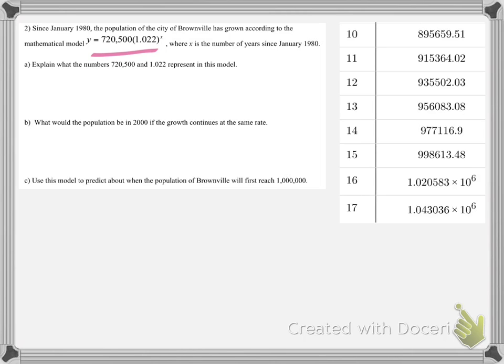And you should notice that in year 15, that's 998,613. The next year it says 1.020583 times 10 to the 6th. That just means that you move that decimal over 6 spots, 1, 2, 3, 4, 5, 6, which is now over 1 million. So that answer would be about 16 years.